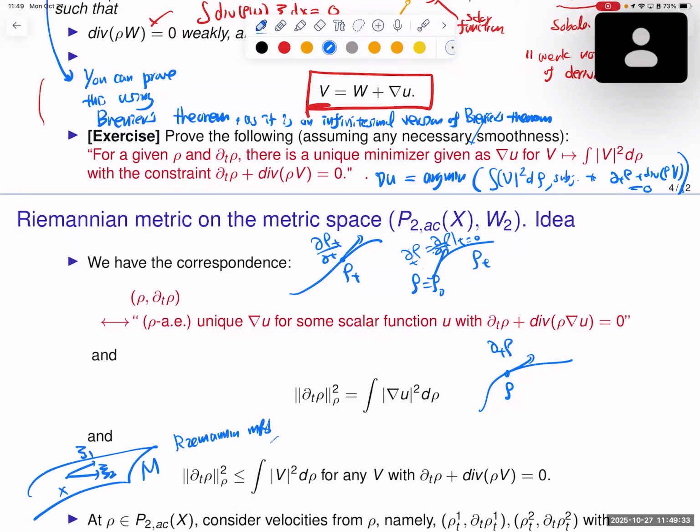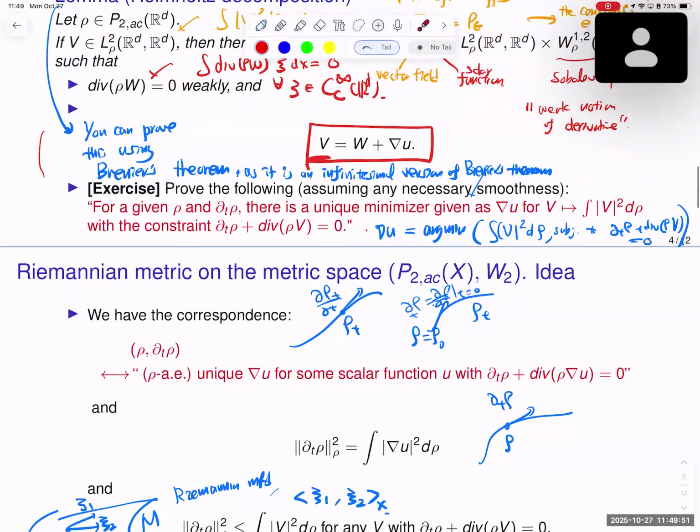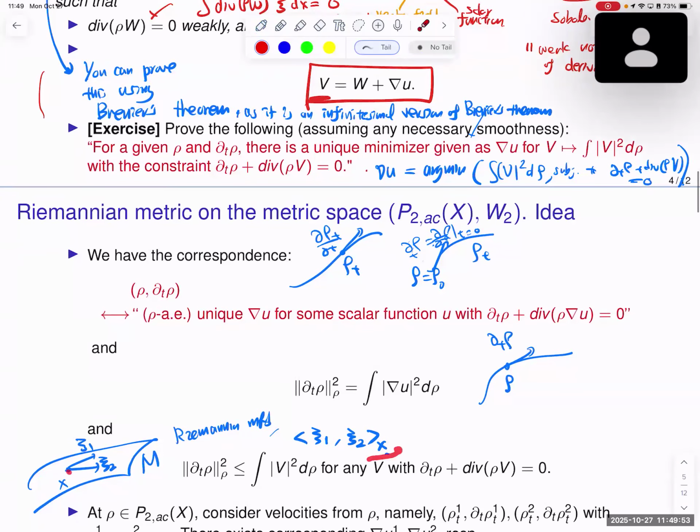The Riemannian metric gives the inner product between these two tangent vectors depending on the location x. So in the Riemannian case, such an inner product depends on the location in the Riemannian manifold.